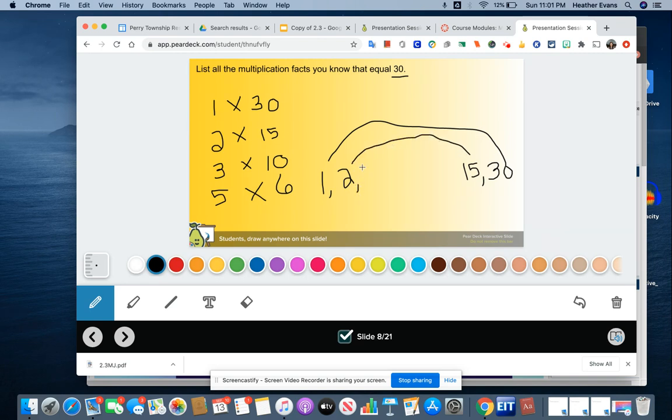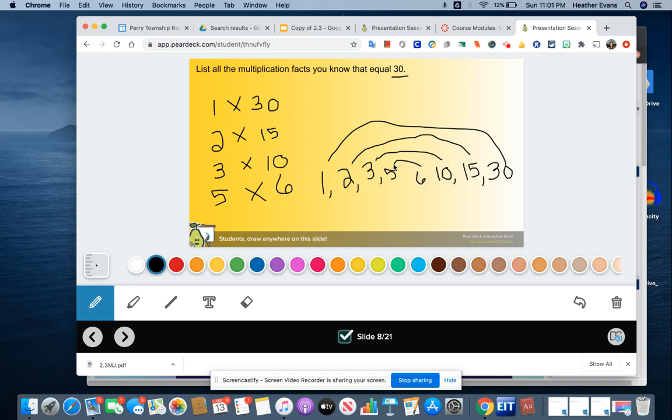And then I could do a comma. 3 is my next number. Over here on the other side, I would multiply it by 10. I can connect them again. Do you see how I'm forming that rainbow? Again, 4 is not a factor because there's nothing that I can multiply it times to get 30. But 5 is my next factor. And I would multiply that by 6.